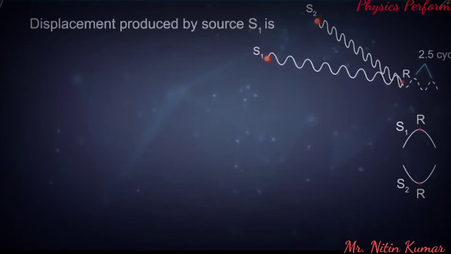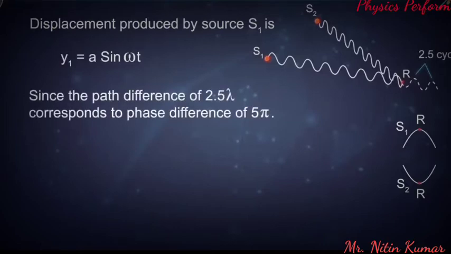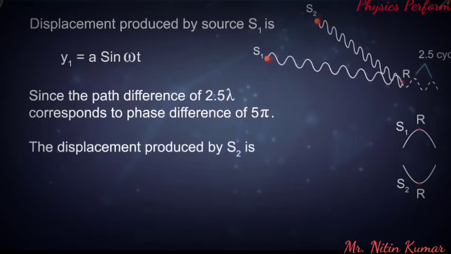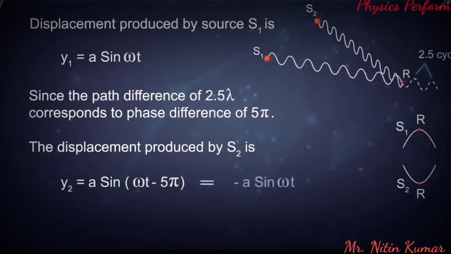If the displacement produced by the source S1 is given by y1 is equal to a sin omega t, since the path difference of 2.5 lambda corresponds to a phase difference of 5 pi, the displacement produced by S2 will be given by y2 is equal to a sin omega t minus 5 pi. This is equal to minus a sin omega t.